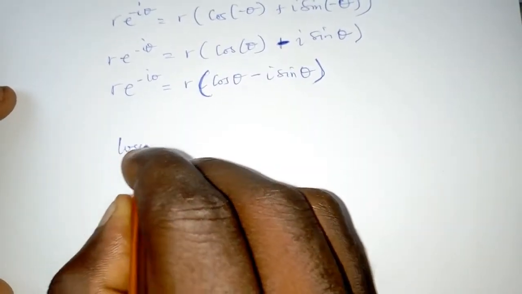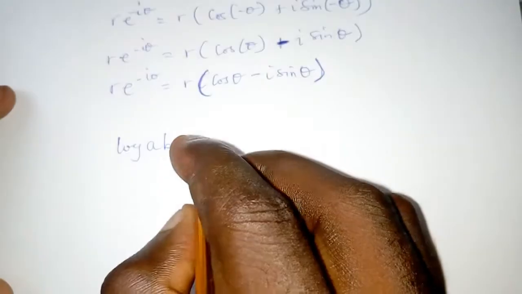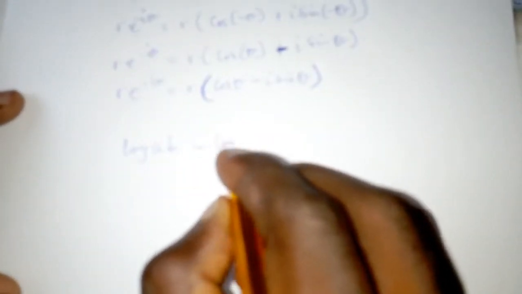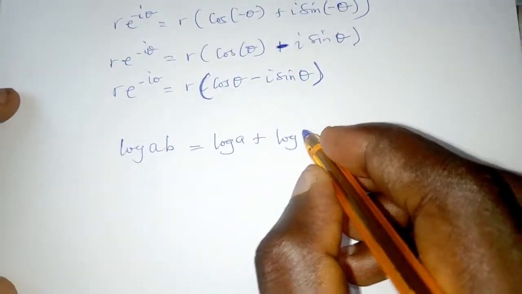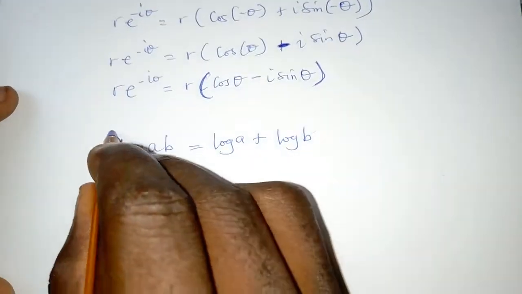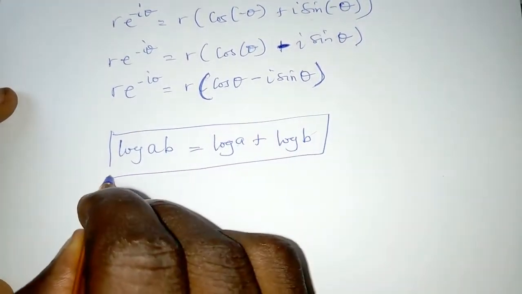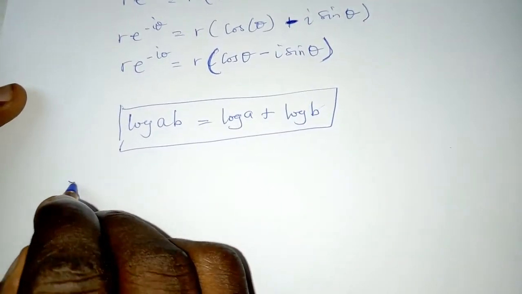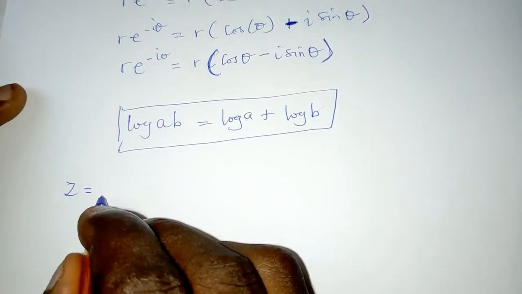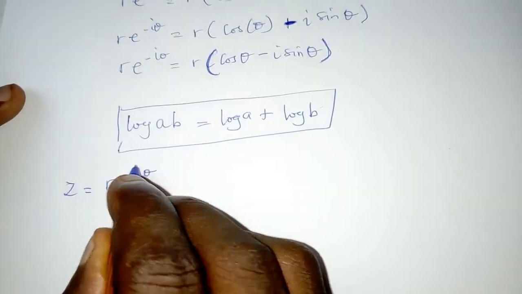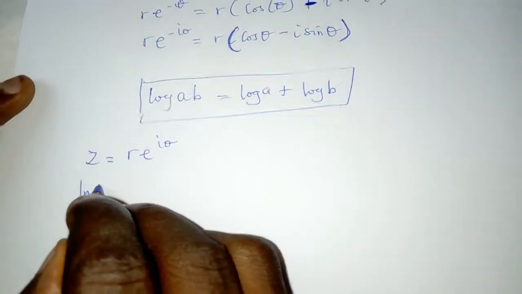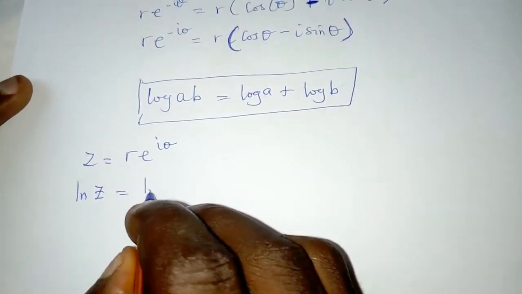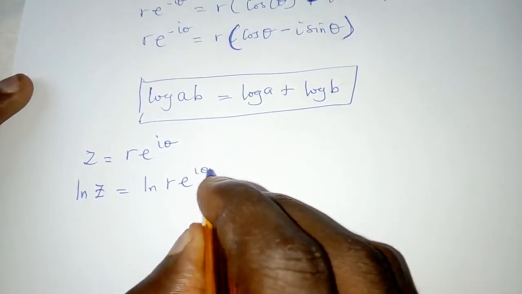What you should take note of is that when we have log of AB, it is actually the same thing as log A plus log B. Now let's take this complex number which is in the exponential form r e^(i theta). When we find the natural log of both sides, we get ln of r e^(i theta).